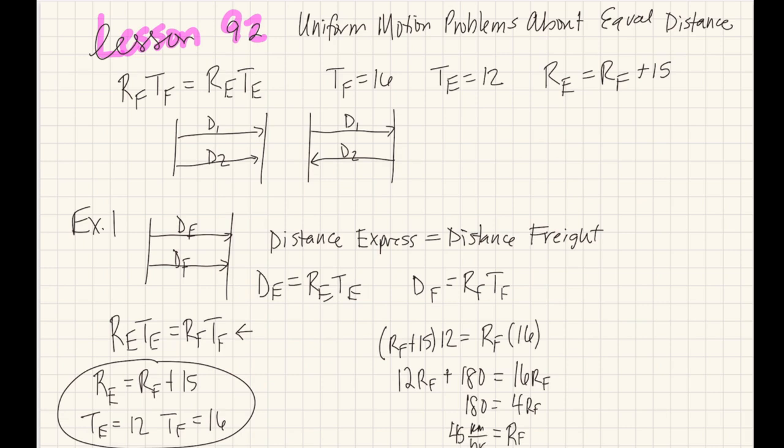If that one is 45 kilometers per hour, I'm just going to stick that back in the equation and add 15. So 45 plus 15, and I get that the rate of E is equal to 60 kilometers per hour. Example number 2.